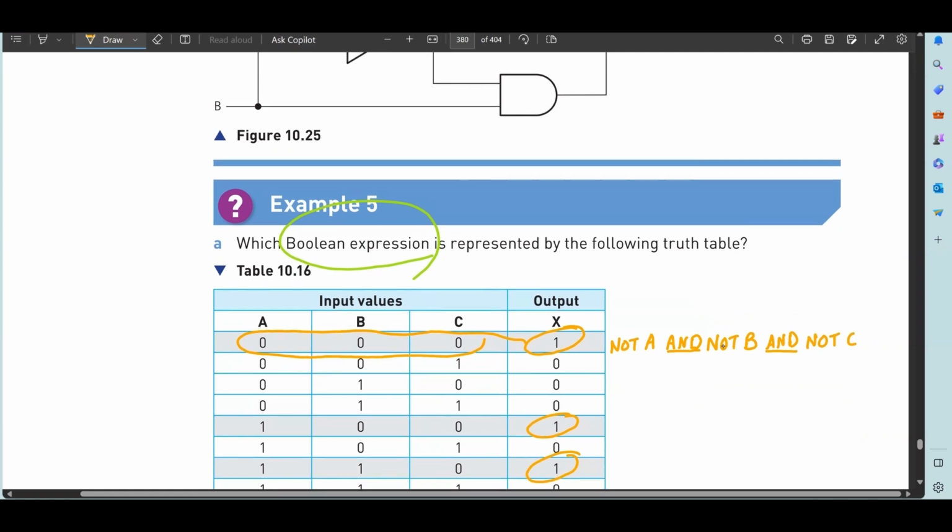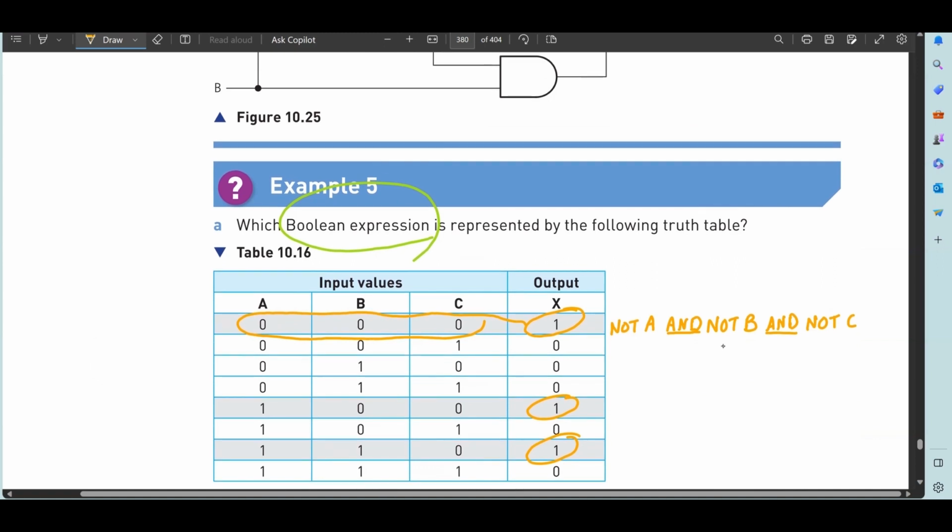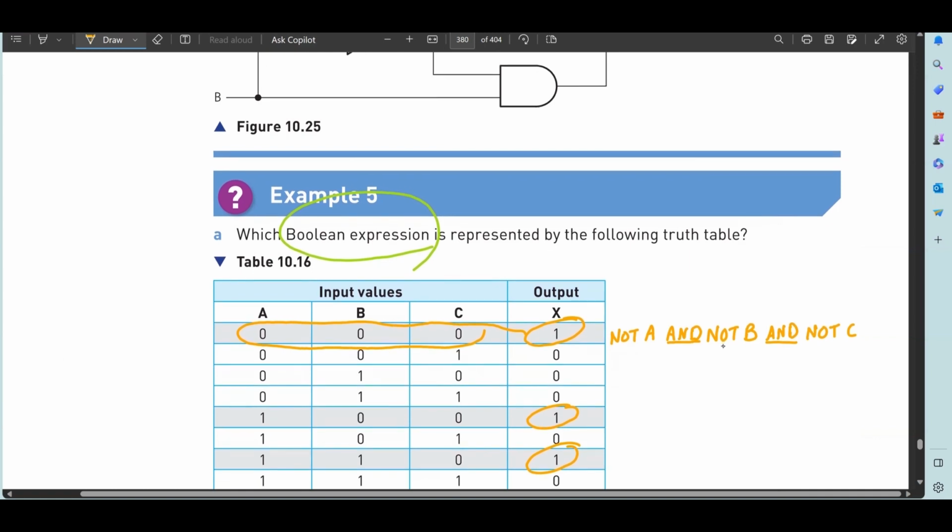Then for the second value 1 in the output column X, that is the fourth last row: 1, 2, 3, 4, yeah, fourth last row. This one came on when A was on, B was off, and C was off. Is there any question?